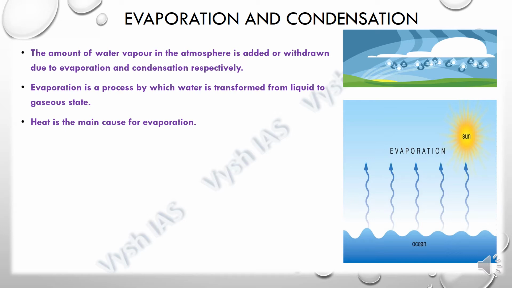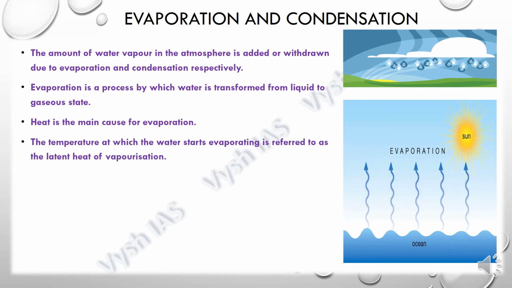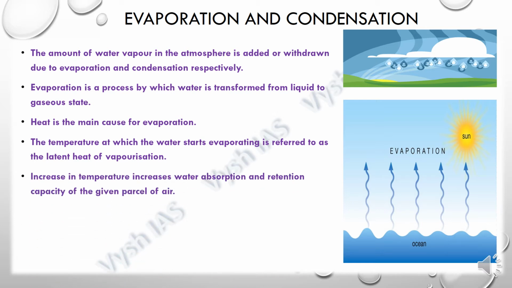Heat is the main cause for evaporation. Obviously, when you heat up something only then you see the presence of vapor. The temperature at which the water will start evaporating is referred to as the latent heat of vaporization. An increase in temperature will keep increasing the water absorption and retention capacity of a given parcel of air, or a pocket of air.